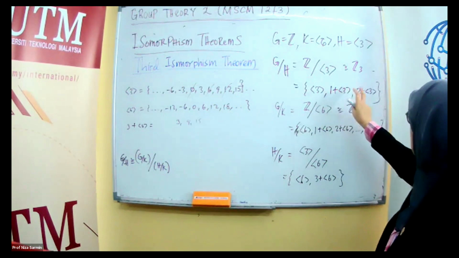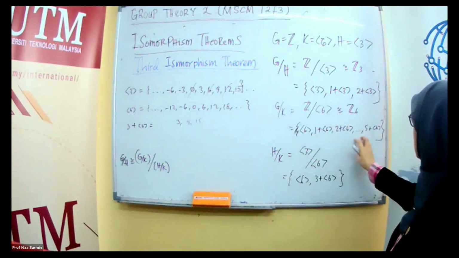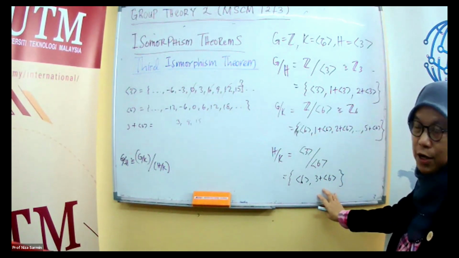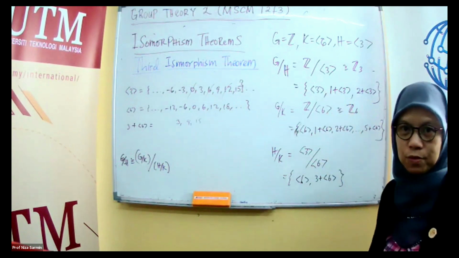Okay, so there's 3 there, there's 6 there, there's 2 there, right? 3 is 6 over 2.